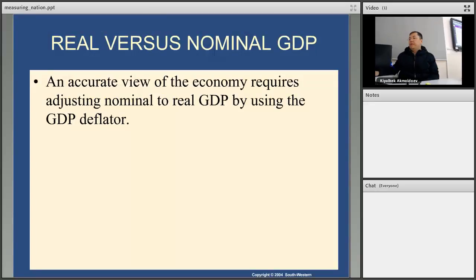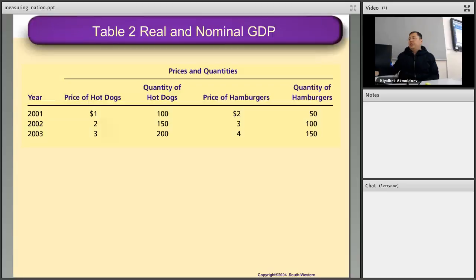So we want to find real GDP by adjusting nominal GDP using a GDP deflator. So to find real GDP, we use the GDP deflator. What is the GDP deflator? For example, this is given. So we have price of hot dog, $1, $2, $3. The years are 2001, 2002, 2003.